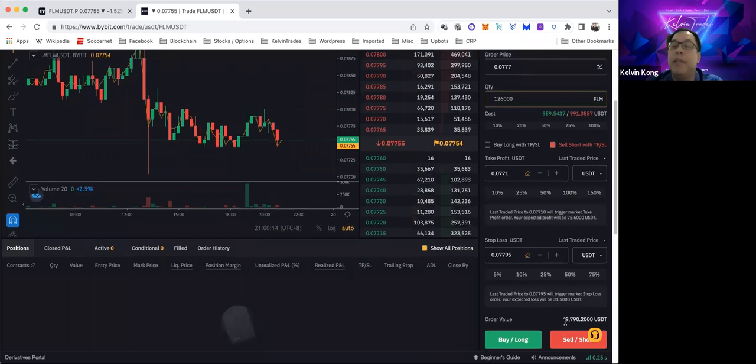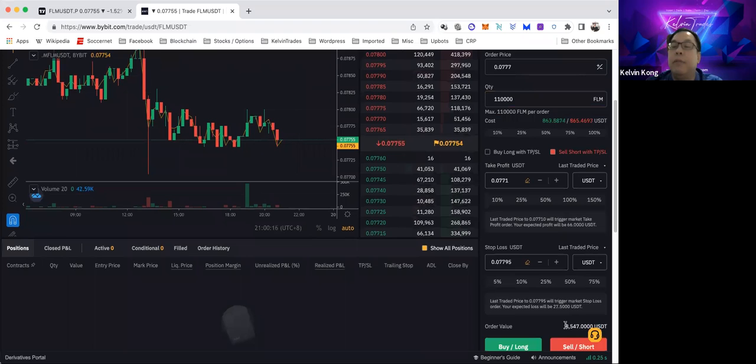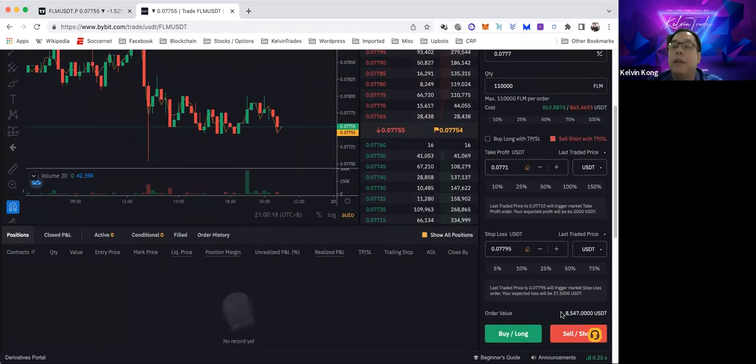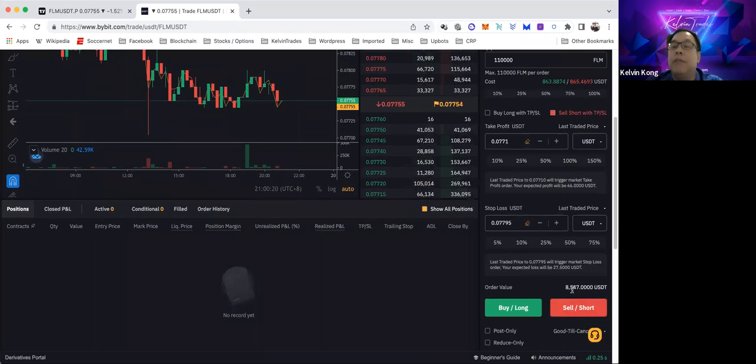That means my position size goes up. Okay, why did it change?